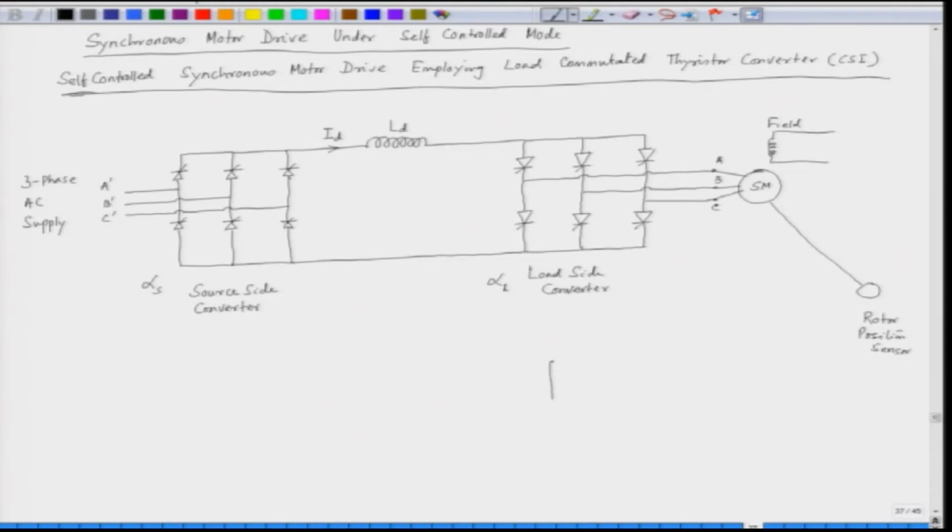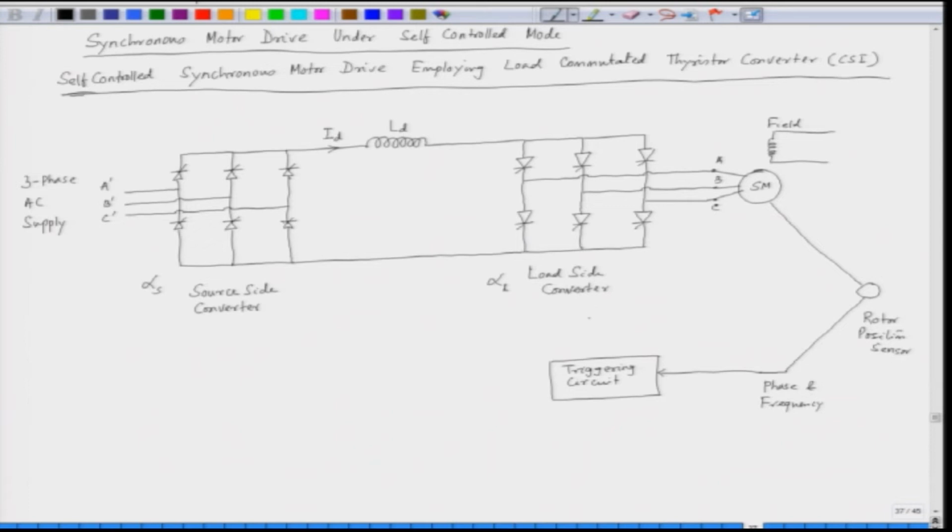Here we have the triggering circuit, and the triggering circuit gets the information from the rotor position sensor. In fact, the information that we get is the rotor angle, the phase information, and frequency information, phase and frequency.